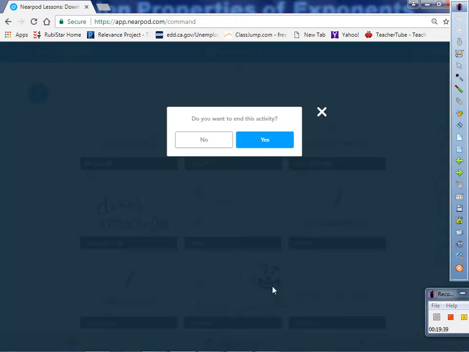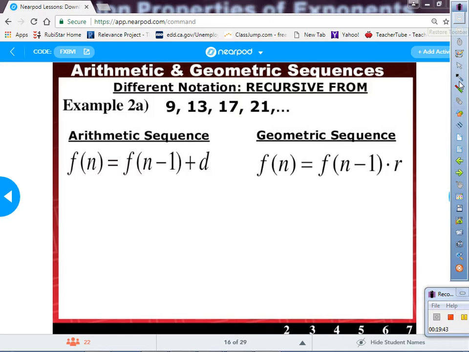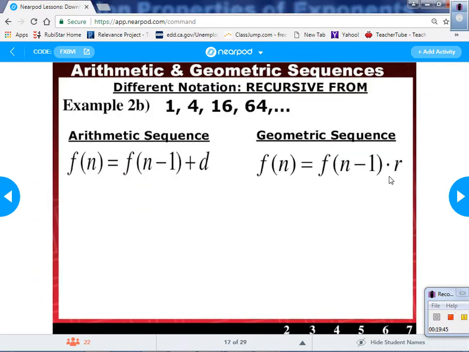So, on your screen, I'm going to send you the next one. Copy this next one by yourself. Example 2B should be on your screen, and the pattern is 1, 4, 16, 64. I want you to find me the sixth term. Which term? Sixth.